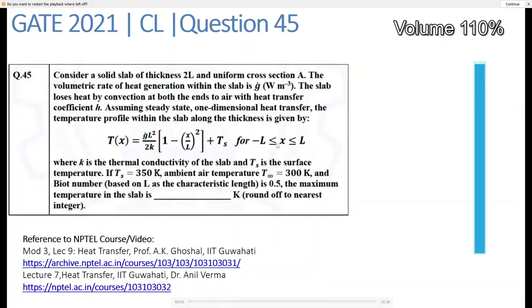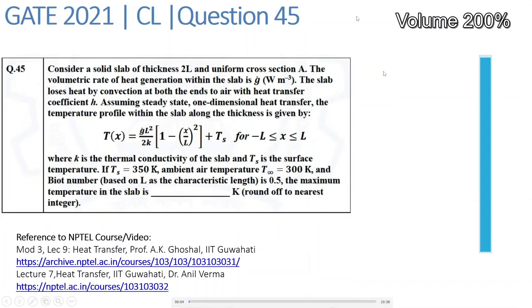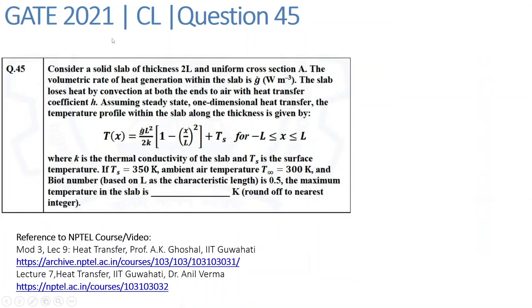Hello everyone. We will be solving question 45 of GATE 2021 chemical engineering paper, and the subject is heat transfer. The question is: consider a solid slab of thickness 2L and uniform cross section A. The volumetric rate of heat generation within the slab is G dot, in watt per meter cube.